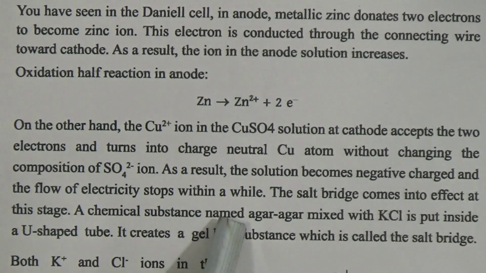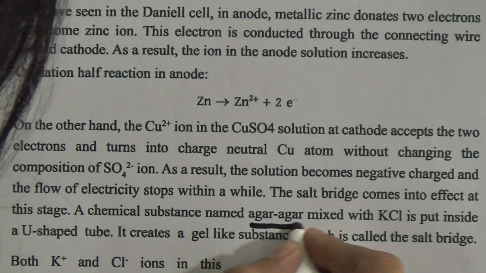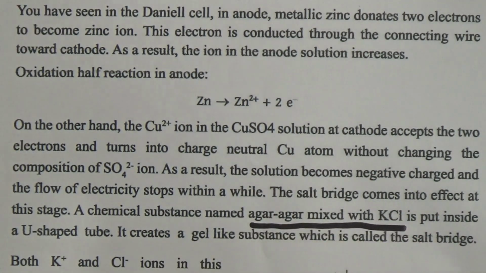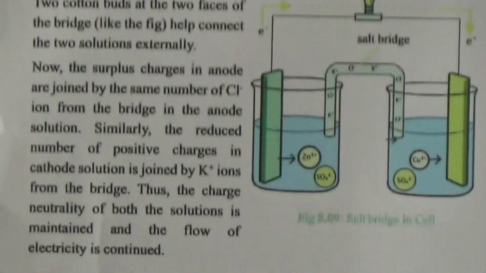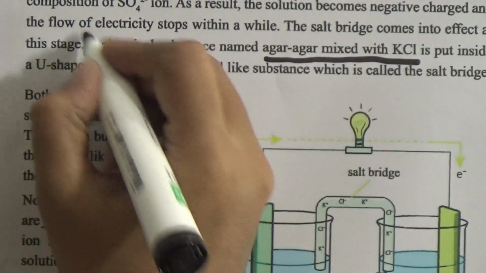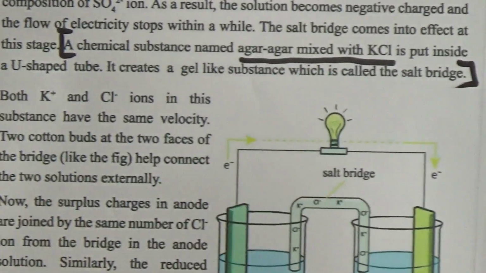A chemical substance named agar-agar is mixed with potassium chloride and put inside a U-shaped tube, and it creates a gel-like substance which is called a salt bridge. And this is the definition of salt bridge that you have to learn.